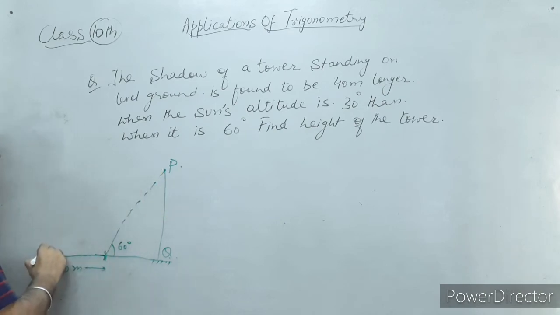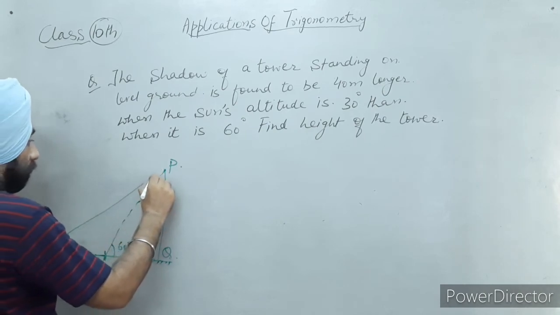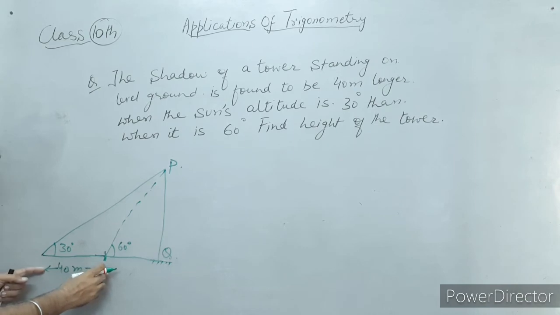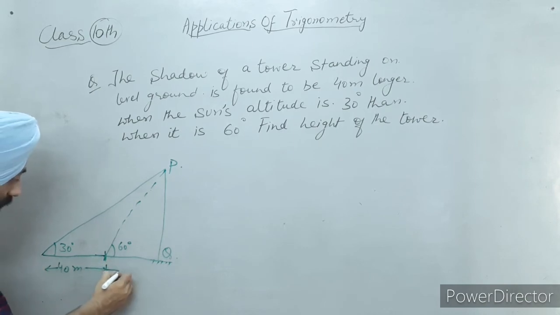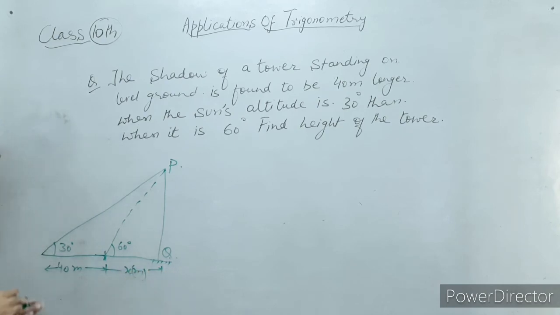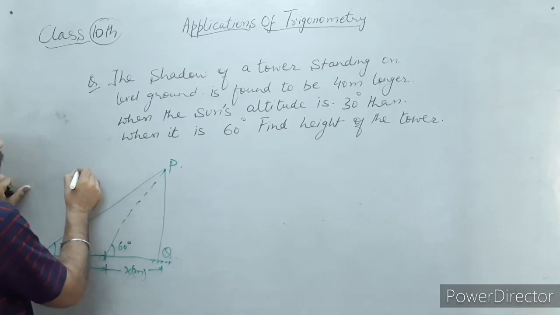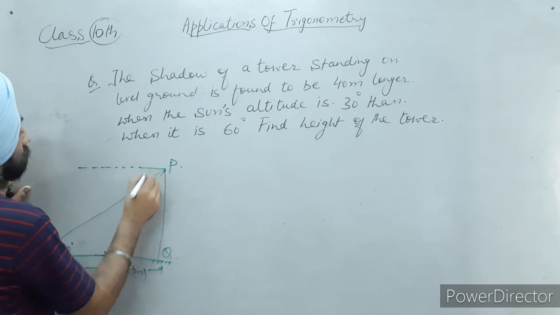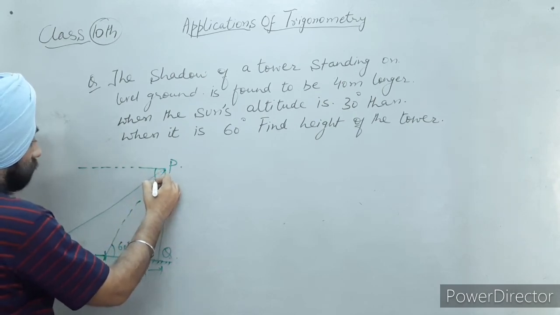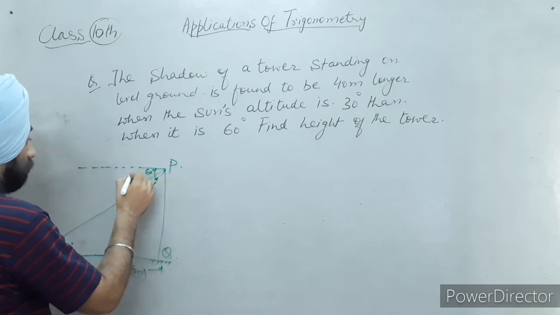Now the angle of elevation becomes 30 degrees. This is 40 meter longer. Initially the shadow was, say, X meters when it was 60 degrees, right? That means I can draw like this. First of all, it was 60 degrees.